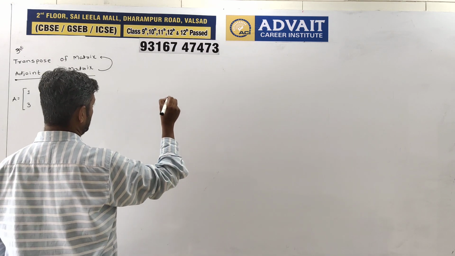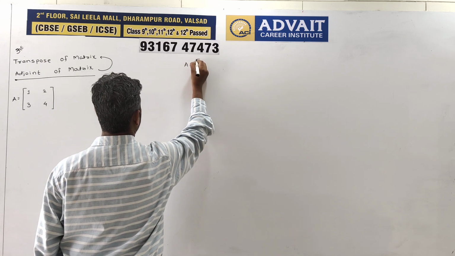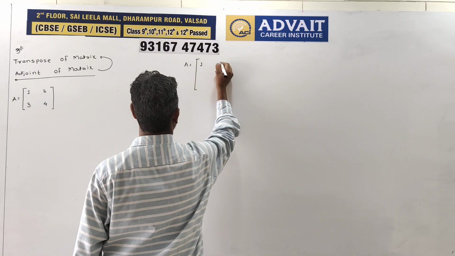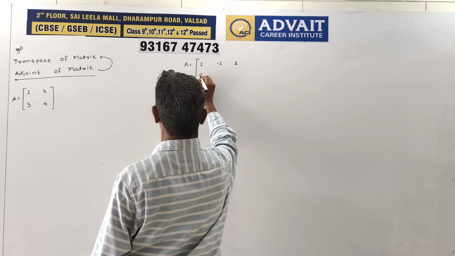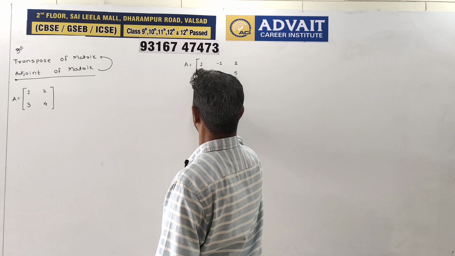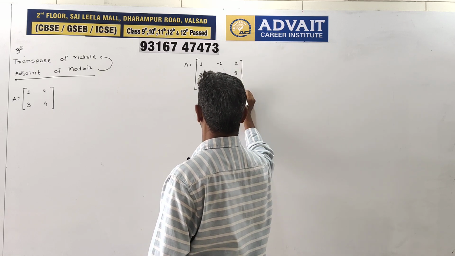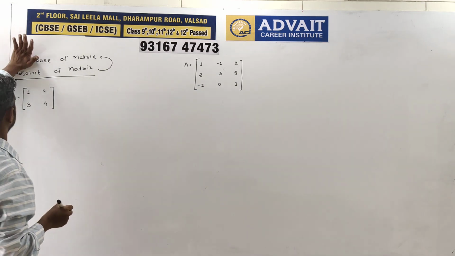Second, if it is 3 by 3, then it is 1, minus 1, 2, 2, 3, 5, minus 2, 0, 1. Then how to find the adjoint of a matrix?